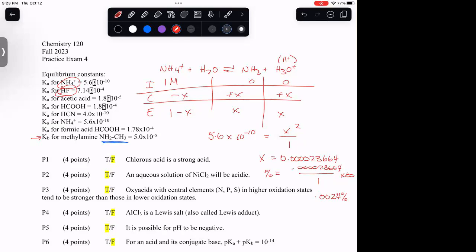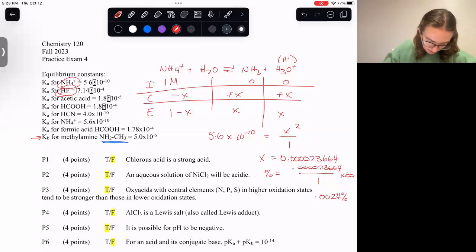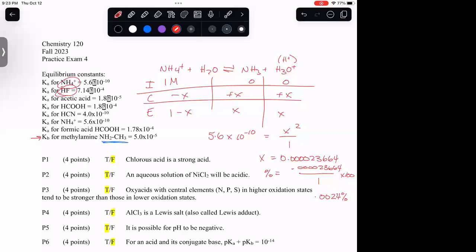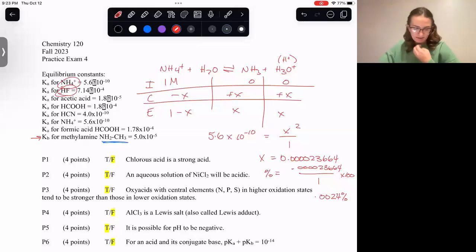That's just a square root. Is that 3%? I typed in the wrong number. Oh, wait. No, that's 2.7%.